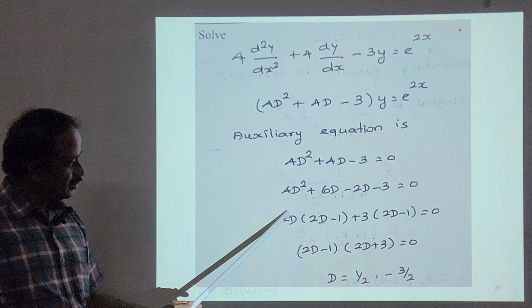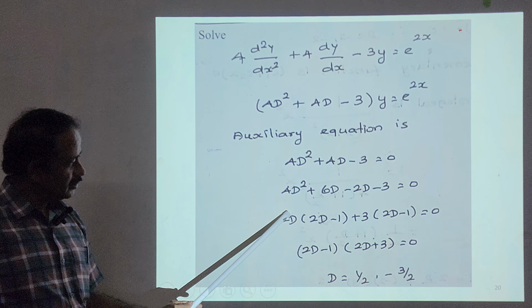What about the real number here? There is no real number. So e to the power alpha x, alpha equals 0. There is no e power alpha x because alpha equals 0, so e power 0 is 1. 1 multiplied by this one. So this is the answer: c1 cos 2x plus c2 sin 2x.